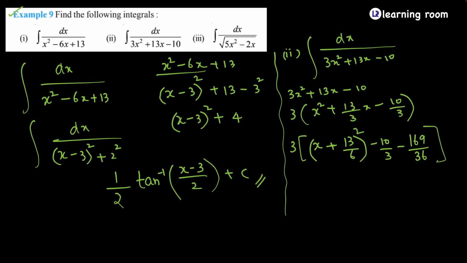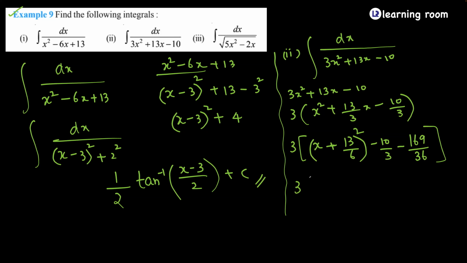So close this bracket. So since I have 36 here, what I'll do is I'll multiply the numerator and denominator with 12. So when I multiply with 12, I'll get 120 by 36. I'm doing it in mind, concentrate, okay? 120 by 36. So 120 plus 169 is 289.